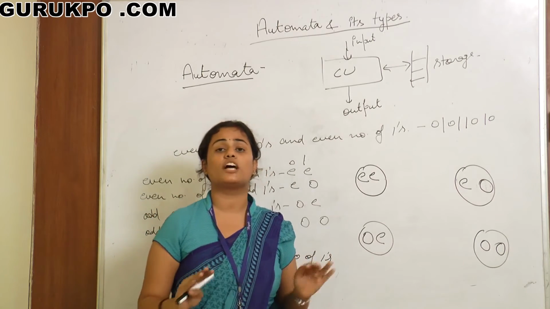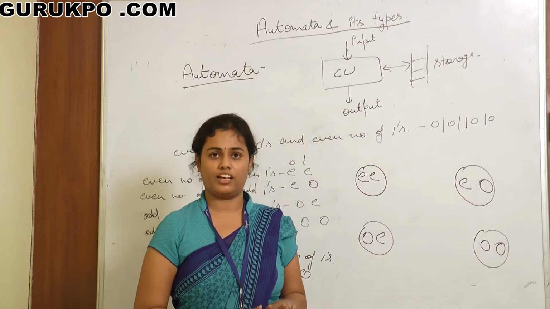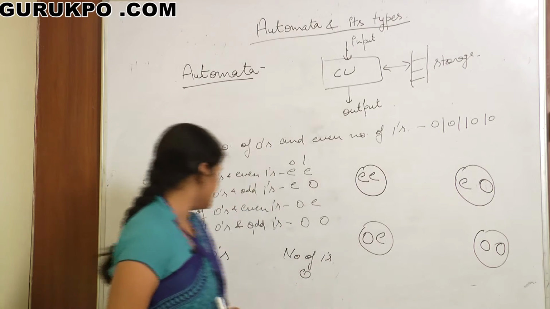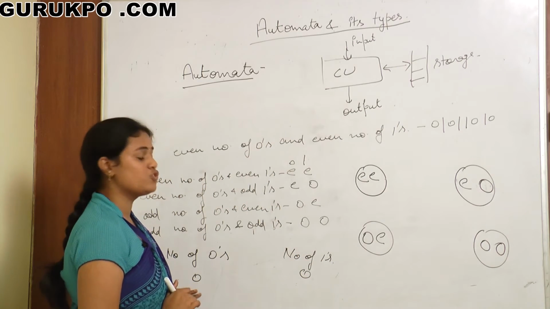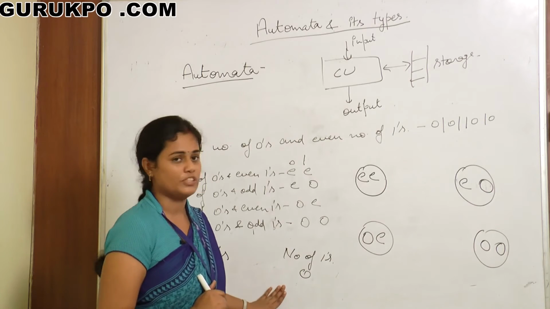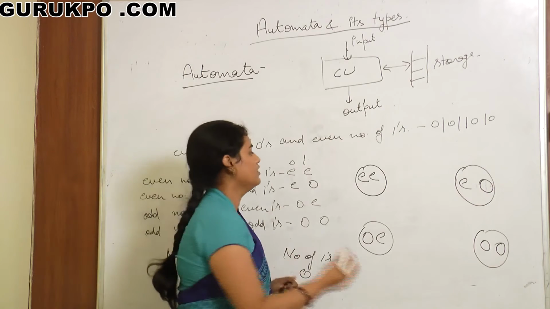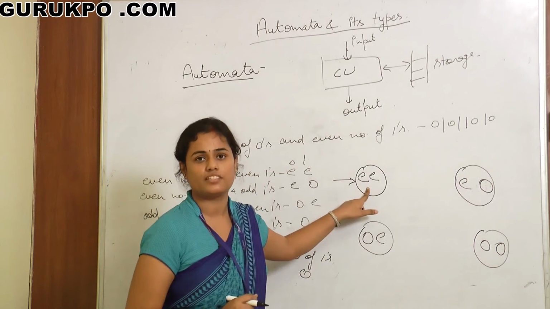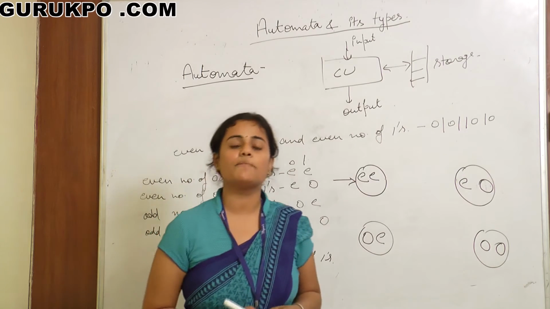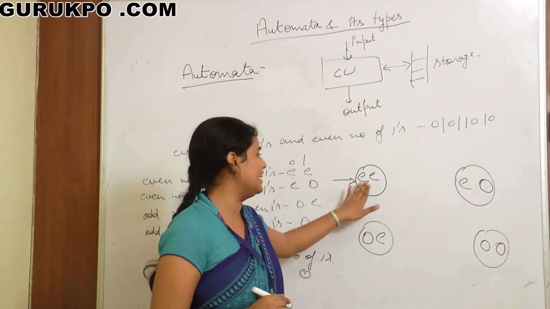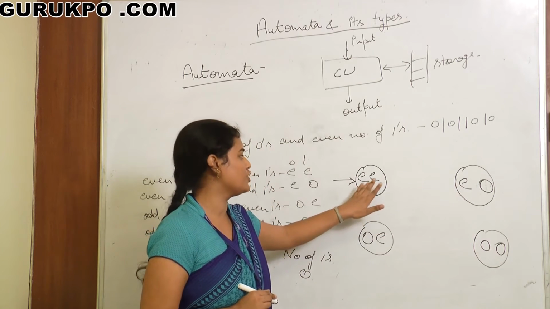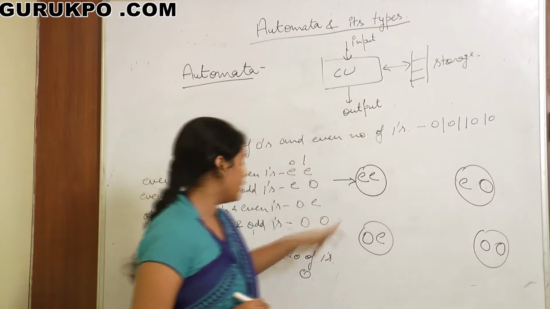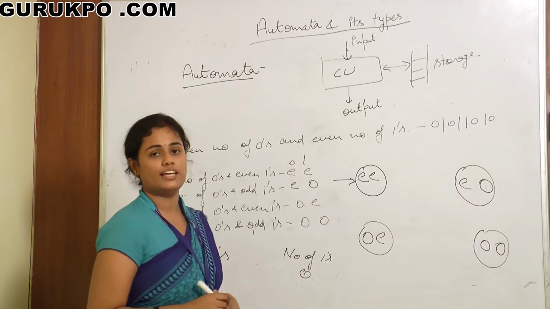Till now we have not counted any digit of the string. Both are even, so it will be our initial state. In the initial state, our machine will be at the position of EE, even number of zeros and even number of ones, because both are 0 and 0 is an even number.